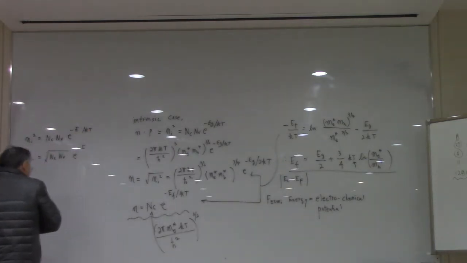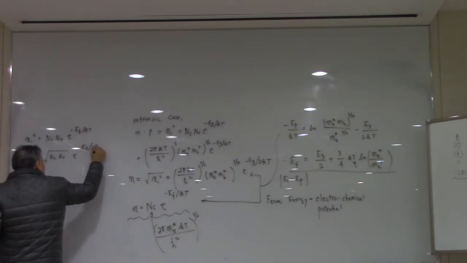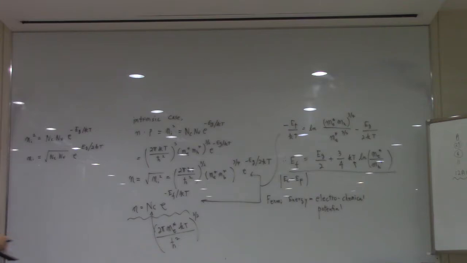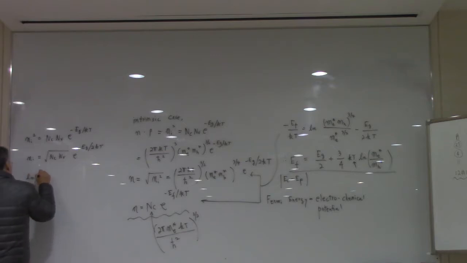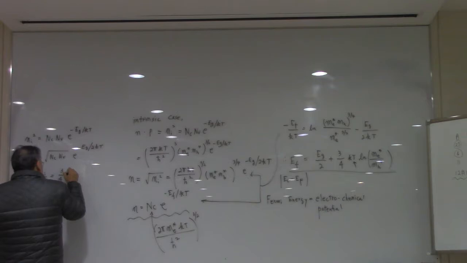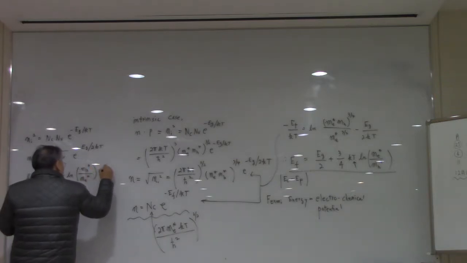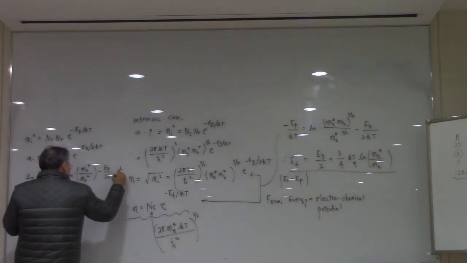This is going to be the band gap, Eg over 2kT. All right? That is the number of intrinsic carriers. And then if you take a log of Ni over Nc, then ln (mh star me star) minus Eg over 2k and 1 over T.